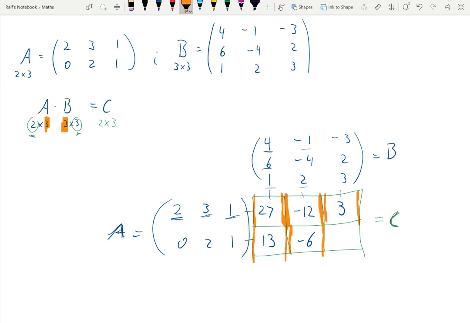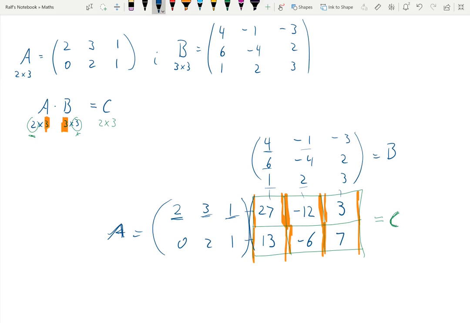And finally, this last, the 2, 3 element, which is the product of these two vectors. 0 times negative 3 is 0, plus 2 times 2 is 4, plus 1 times 3, that is 7.